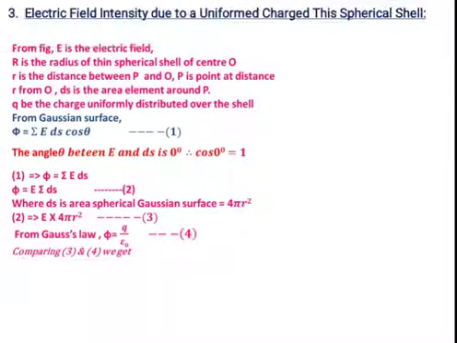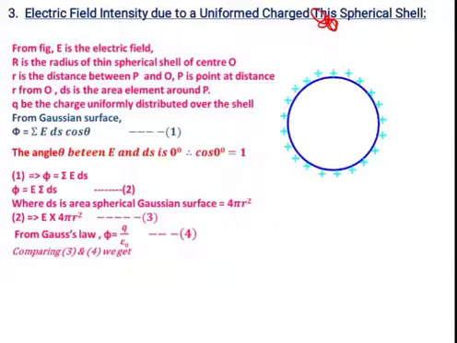Suppose this is a hollow spherical shell, charges are distributed here, and the center is O. From the center to the surface, this line is nothing but R. If we consider a point somewhere here, that is P.